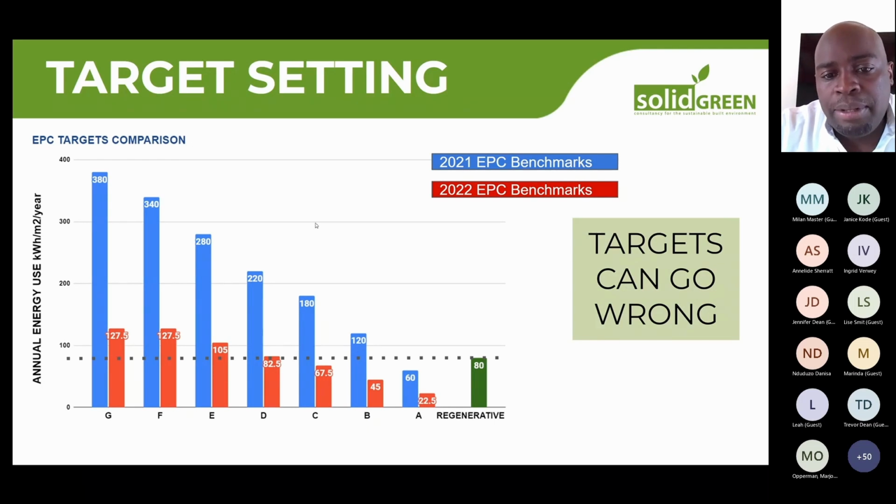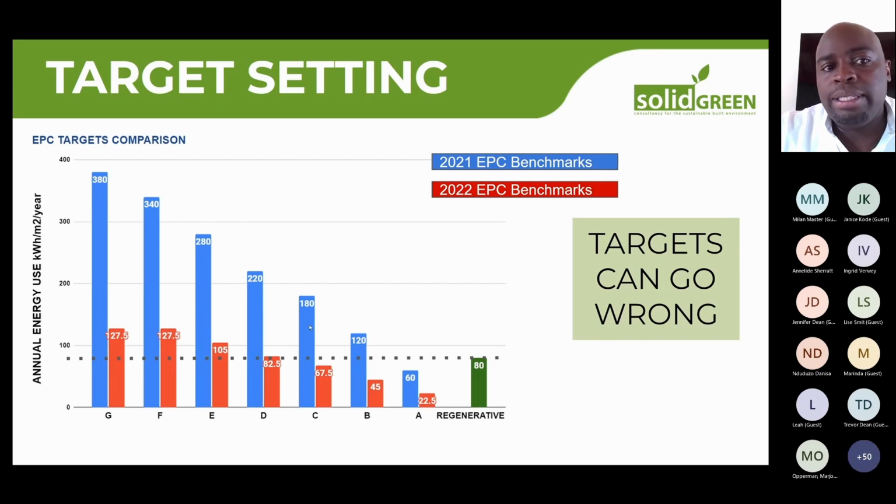So, for example, in the old terminologies, if you were a C-rated building, 180 kilowatt hours per square meter per year, remembering that the average Green Star building is sitting kind of roundabout here, under the new figures, it makes you a G rating or thereabouts.